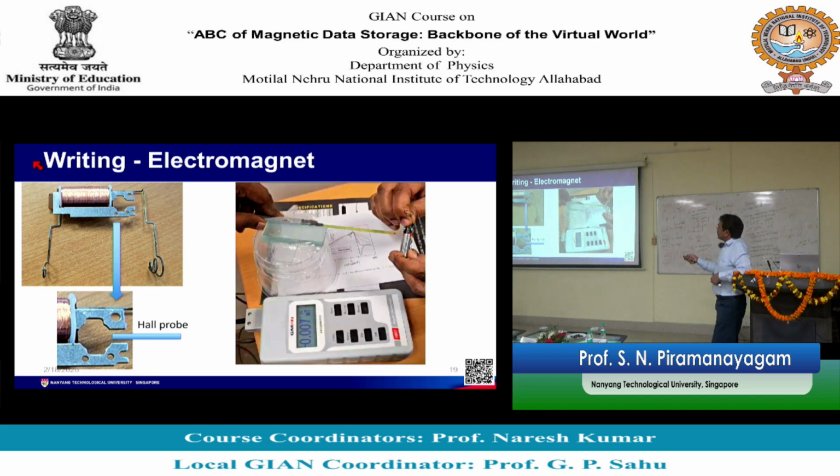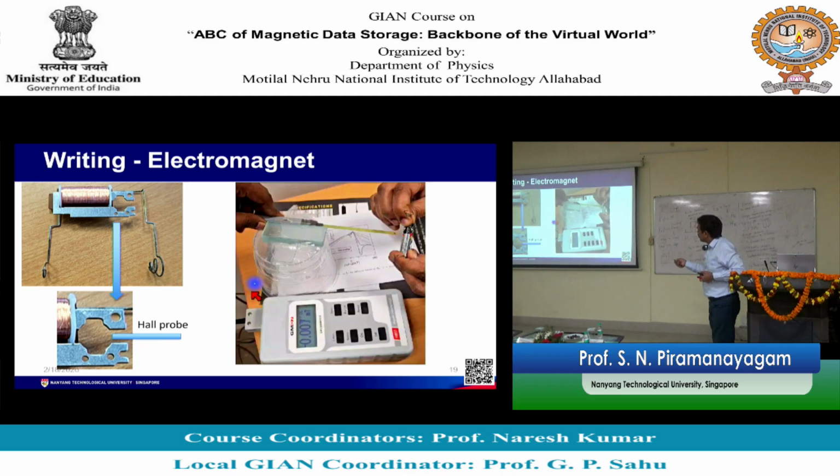So this is a blown up version of a writer in a hard disk drive, you can say. We have a coil, then inside we have inserted some ferromagnetic material. If I send some current through this coil, there will be a magnetic field, and if I zoom, it will look something like this. So you have one pole here, another pole here. If I bring a Hall probe for reading the magnetic field, I can see what's happening.